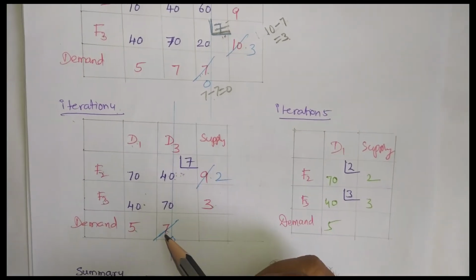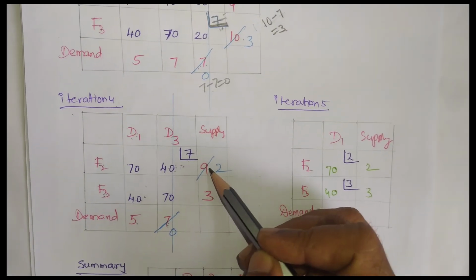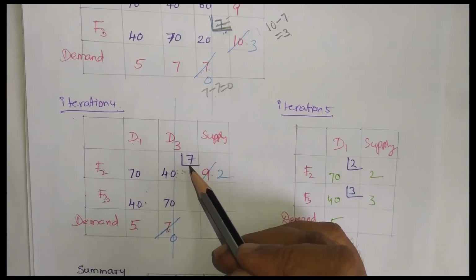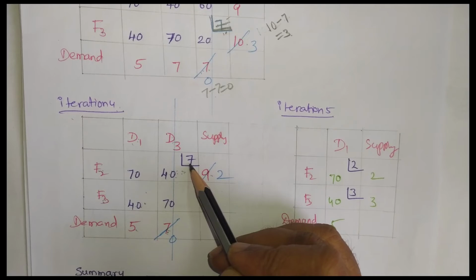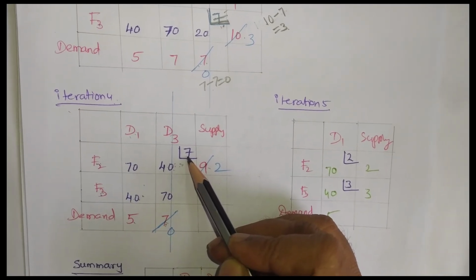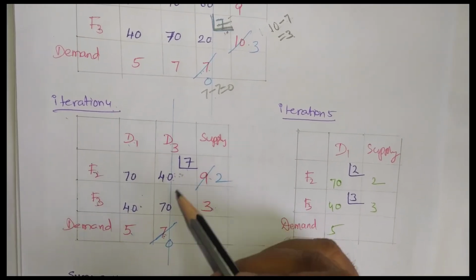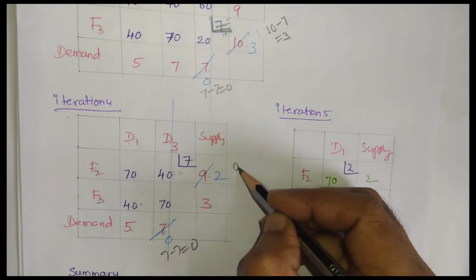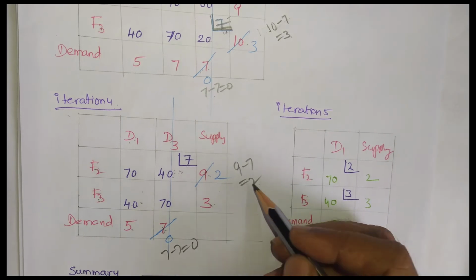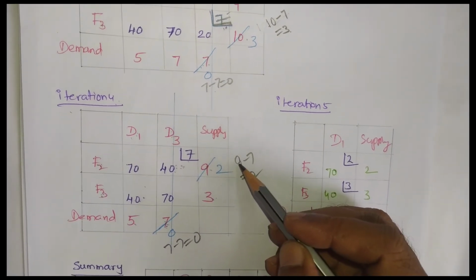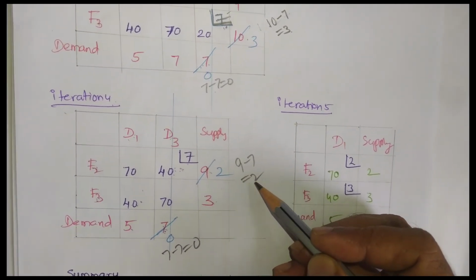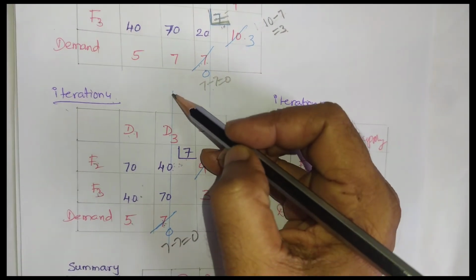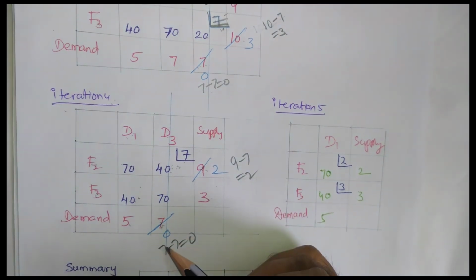To this cell demand is 7 units, supply is 9 units. So that's why we have to allocate 7 units to this cell. After allocation of 7 units to this cell, 7 minus 7 is equal to 0 and 9 minus 7 is equal to 2. So the D3 column is deleted.